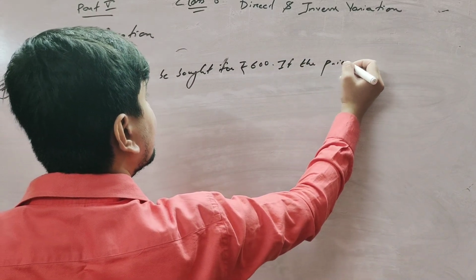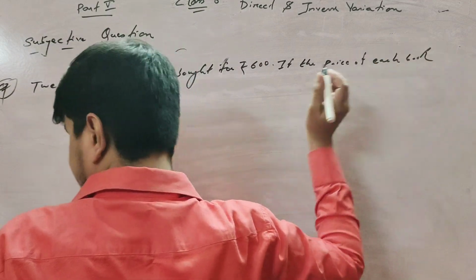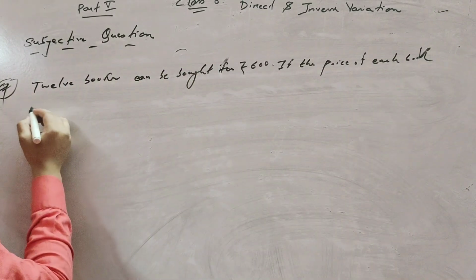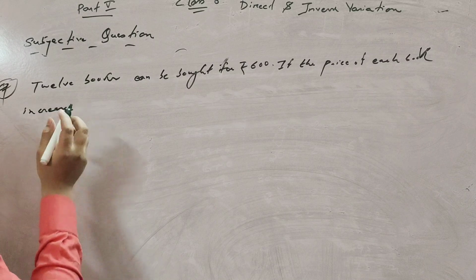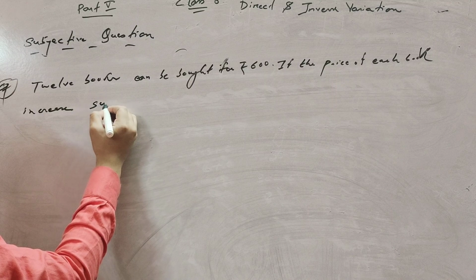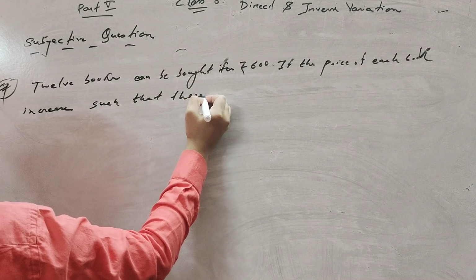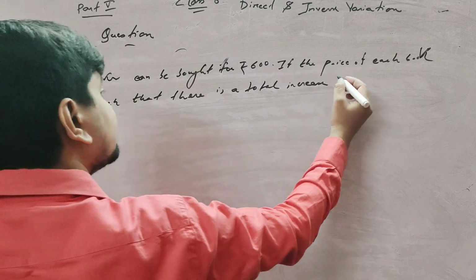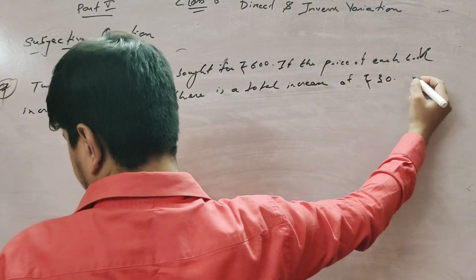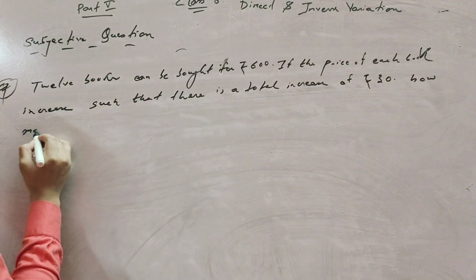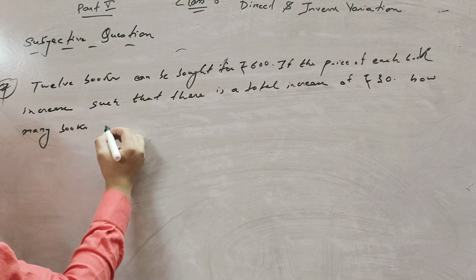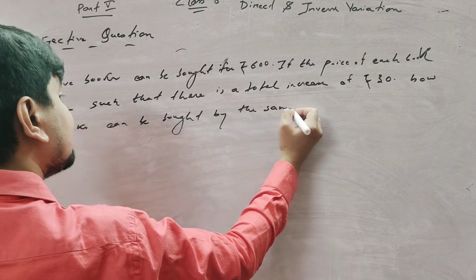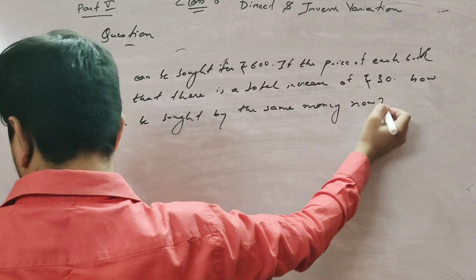If the price of each book increase such that there is a total increase of rupees 30, how many books can be bought by the same money now?